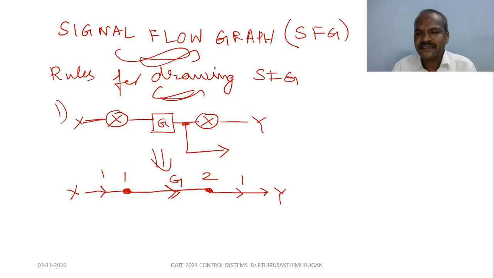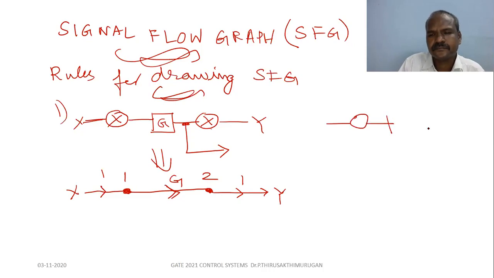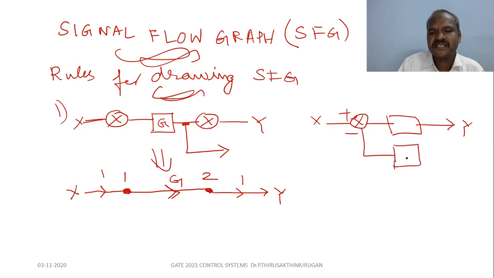Second rule: the direction of flow should be indicated by an arrow mark. Consider negative feedback, with x, y, plus minus, and h. The summing point is a node, and the takeoff feedback point is another node.